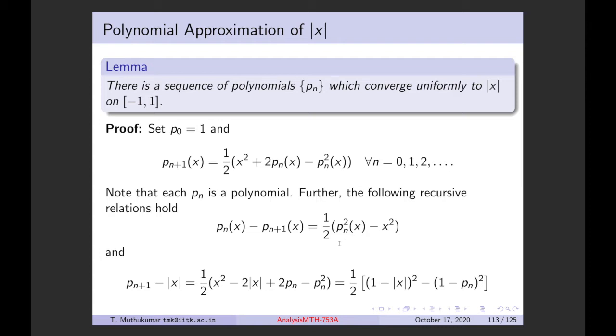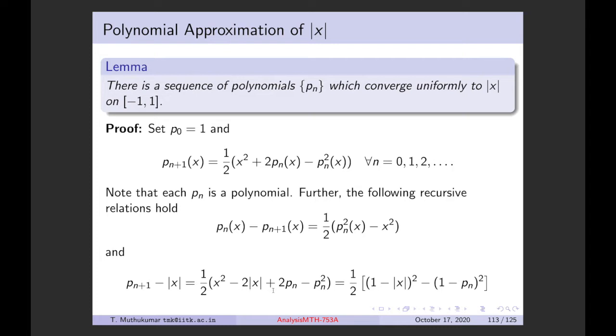We also observe this property: p_{n+1} minus mod x. Mod x is the function that we need to approximate using the polynomials. So p_{n+1} minus mod x can be written in this form. p_{n+1} is this, and I've just multiplied and divided by 2 here so that you can bring this inside the half.